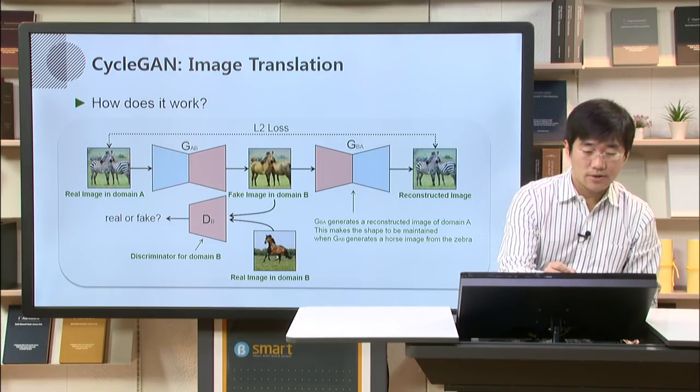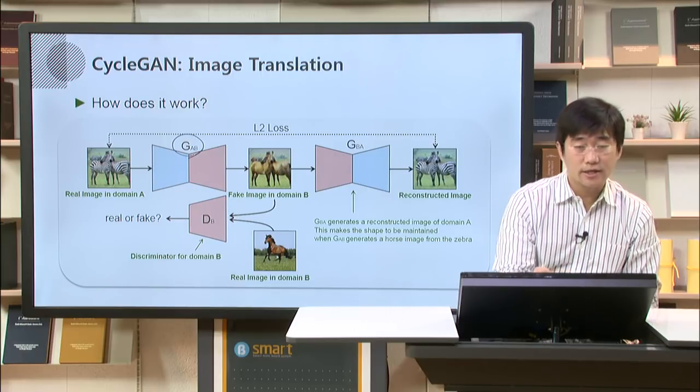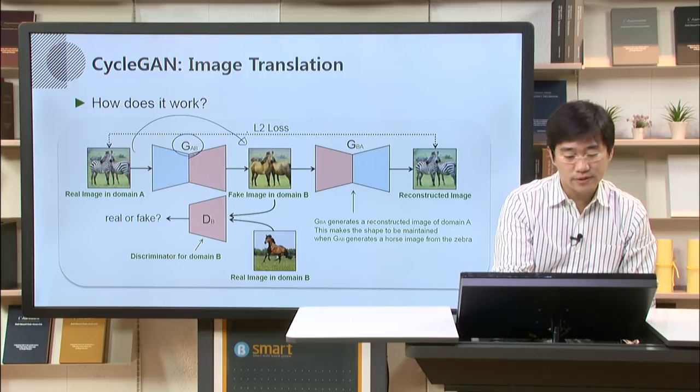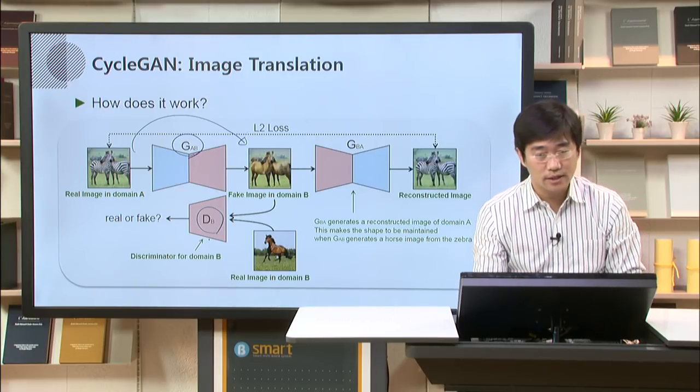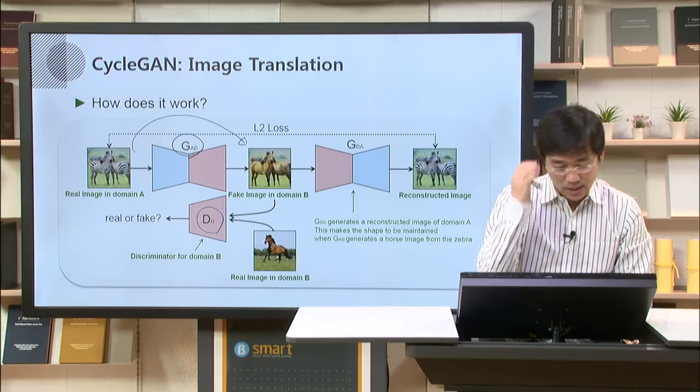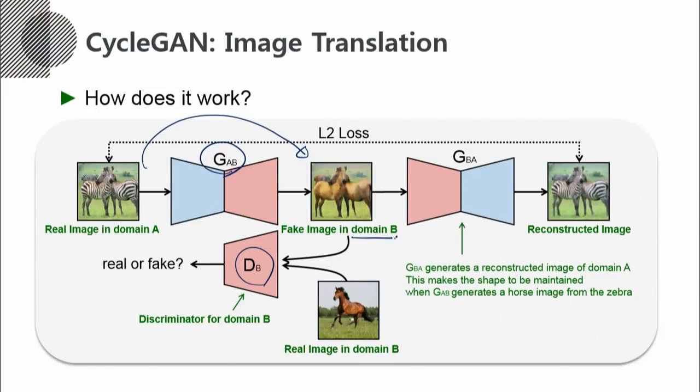Now our CycleGAN has this generator part, which plays the role of image translation or conversion, and also the discriminator part that classifies whether a given image is a real image in domain B. In this case, the discriminator will be trained similarly to the original GAN model.